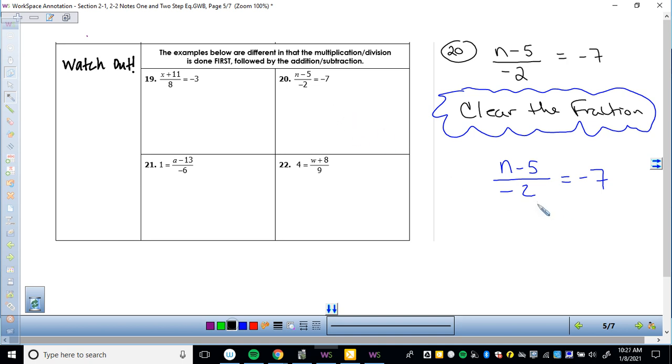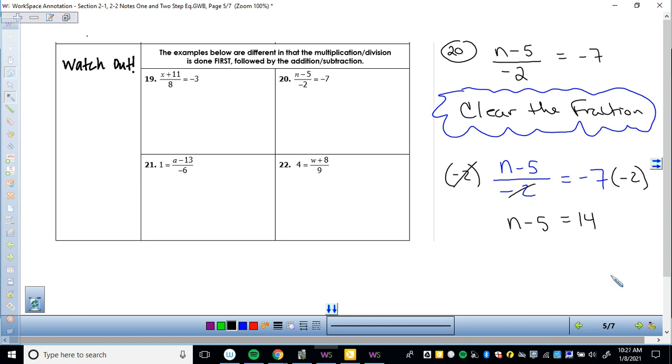Multiply by 2. I was like, where are we getting 8? Multiply by negative 2 on each side. So this negative 2 over negative 2, they cancel, and it becomes 1. Now we've got n minus 5 equals negative times a negative makes a positive 14.